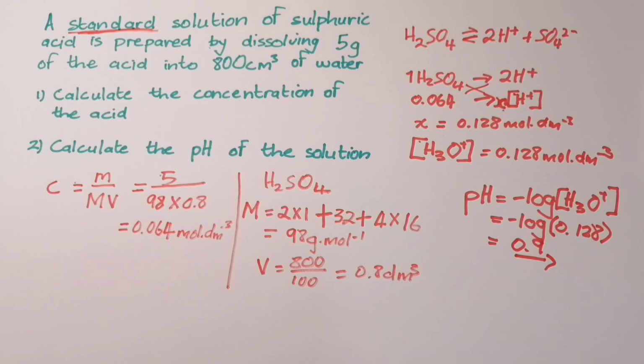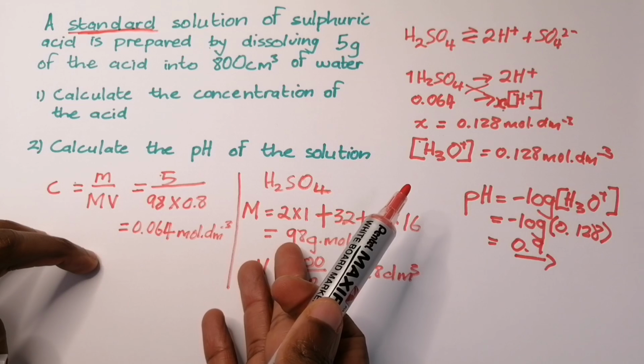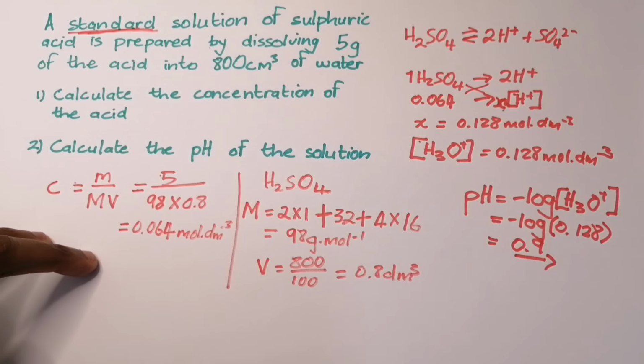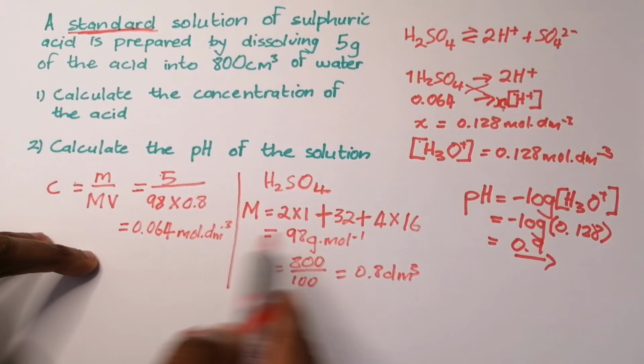Okay, right, ladies and gents, I want to keep it here. Just a word of caution and a word of advice. I just gave you 2 examples where in one we were given the number of moles and in another we were given the mass. Obviously, if I were given the concentration, you wouldn't need to go through all of these gymnastics.